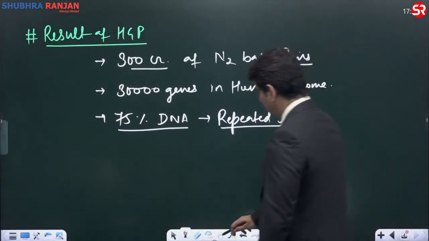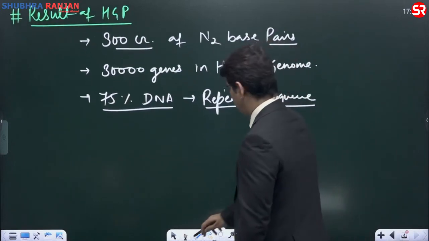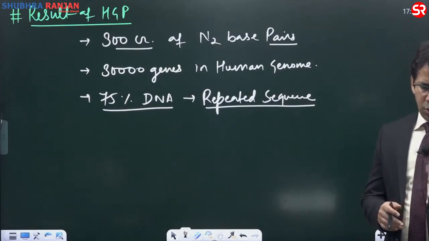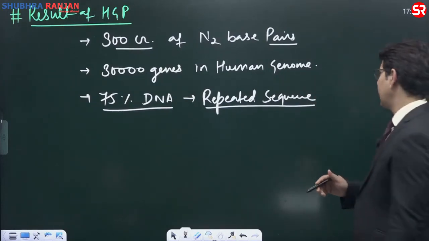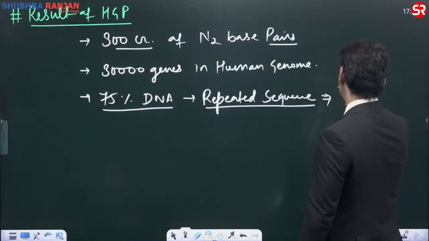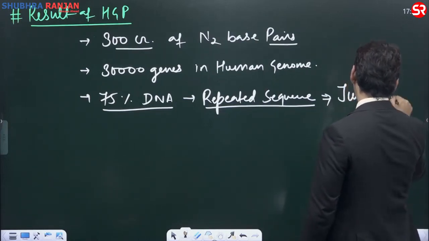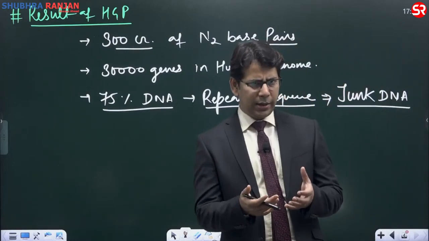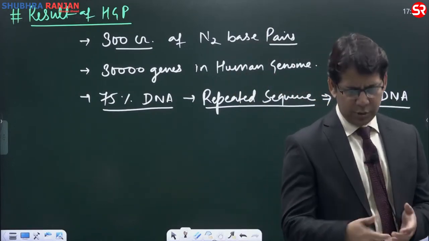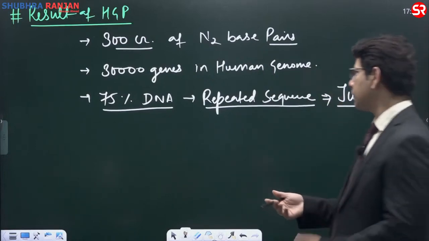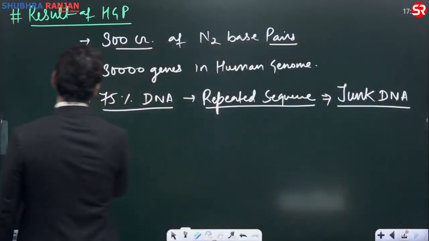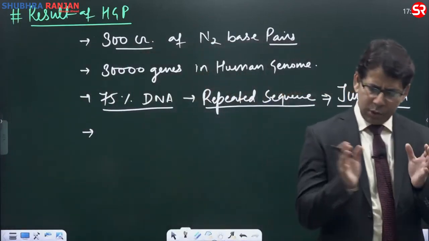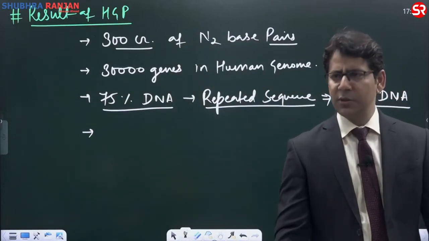They don't code for protein, and they are known as junk DNA. That is one of the great revelations which came out. We'll talk about that in coming time. So of all the DNA we have, up to 75% is junk. Only 25% of DNA is engaged in protein synthesis.